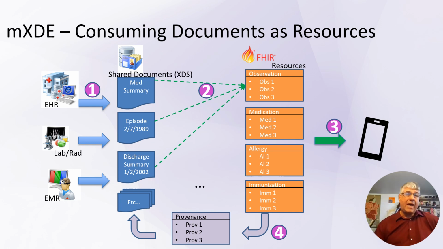So IHE has the MXDE profile, which shows how you would take documents that have been shared and decompose them into FHIR resources, but include provenance back to the original document, so that when someone queries the FHIR API and sees an observation or an allergy, they can follow the provenance back to the document or set of documents that had that particular allergy in it.